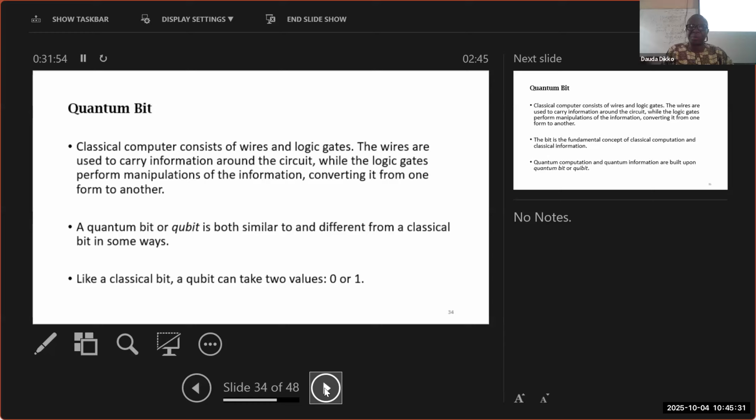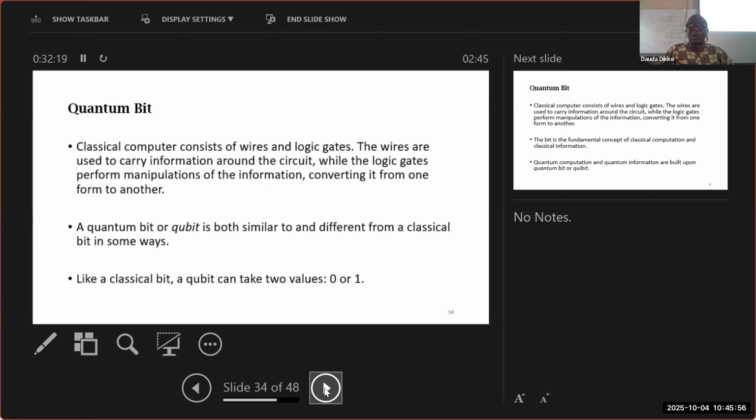So classical computers consist of wires and logic gates. The wires are used to carry information around the circuit, while the logic gate performs the manipulation of the information, converting it from one form to another.